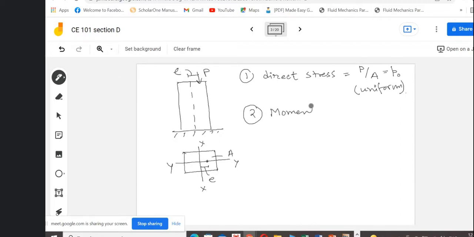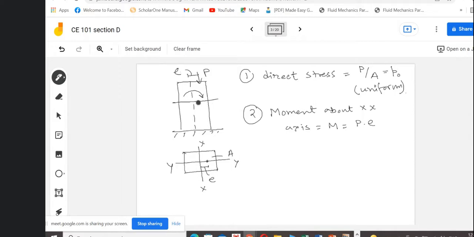The moment about the XX axis is M equals P into E. Now this moment is acting like this, and this is the section.